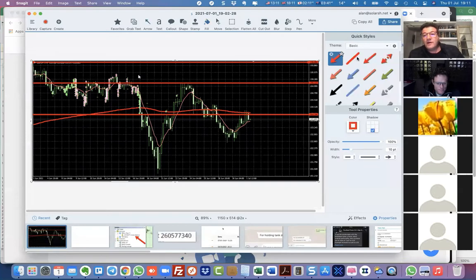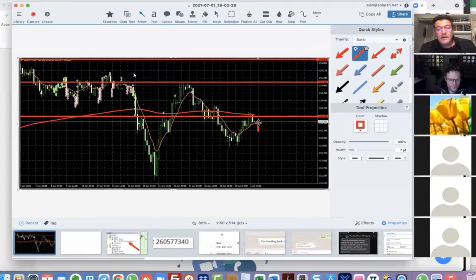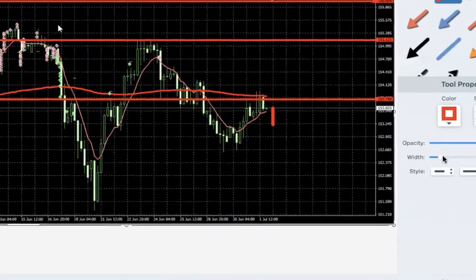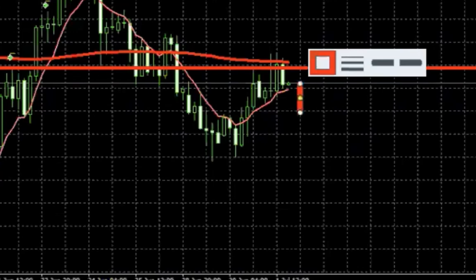Let me draw it out for you. Right. So we've got a candle, a red candle, and I'm actually going to enlarge it so that I can put some wicks in.